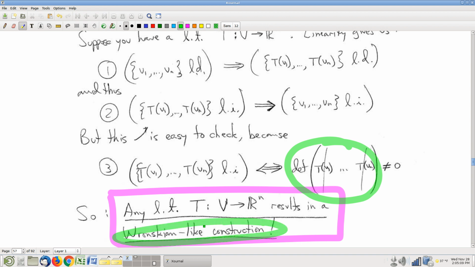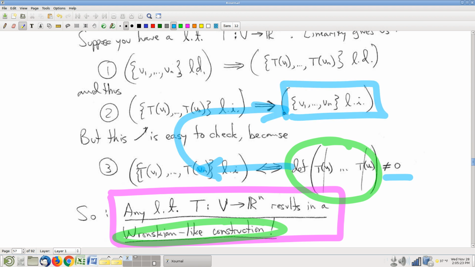That's our Wronskian-like construction. And notice, if it's not 0, that means that your outputs are independent, and that means that your inputs are independent. That's exactly what our Chapter 2 Wronskian does for us. The Chapter 2 Wronskian was a formula that, if it's non-zero, tells you your list was independent. And this is doing the same thing.